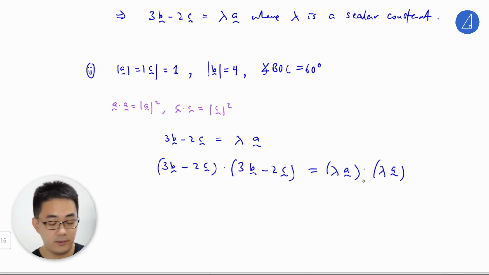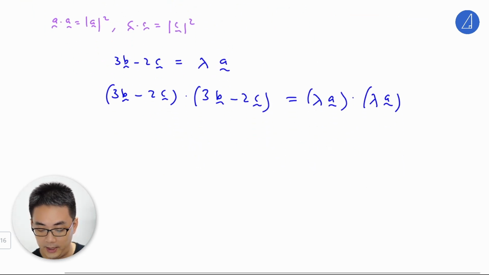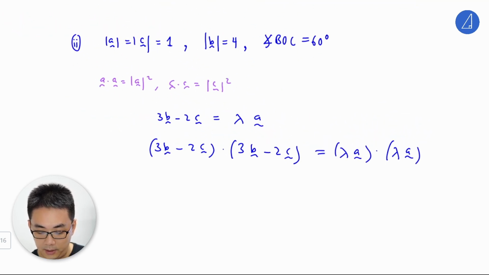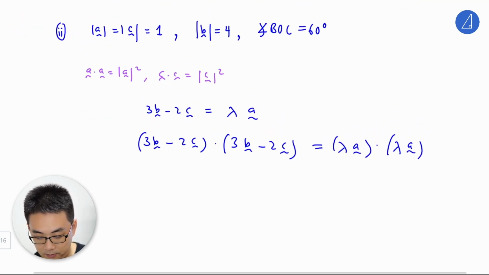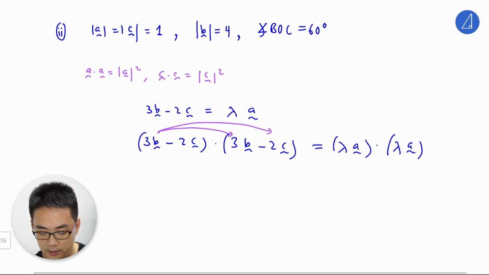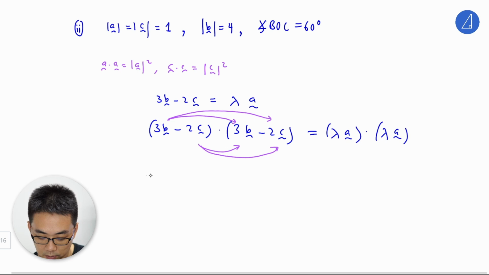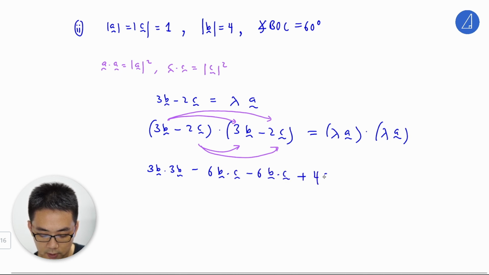That will be quite easy for me to do, right? Then I'll just distribute it. So this will be 3B dot 3B minus 6B dot C minus 6 C dot B, they are commutative, plus 4 C dot C, equals lambda squared A dot A.